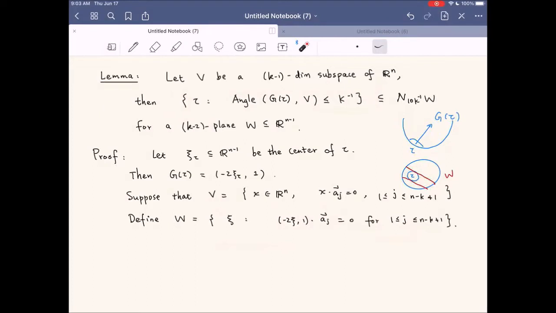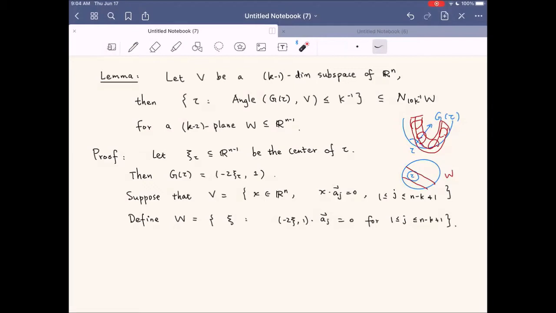In particular, if we pull back, the set of tau will lie in the 1 over k neighborhood of a lower dimensional paraboloid. Okay, so this was an independent lemma, but I hope it will help you understand what's going on later.